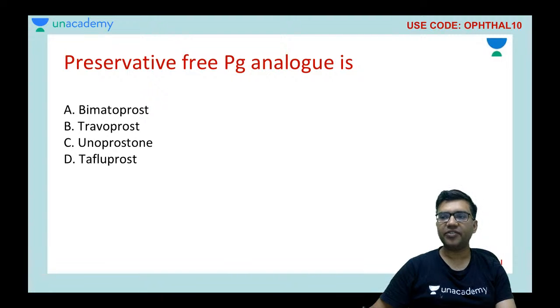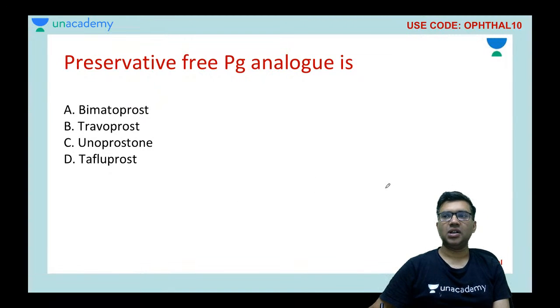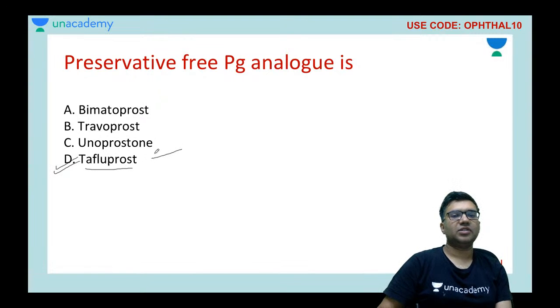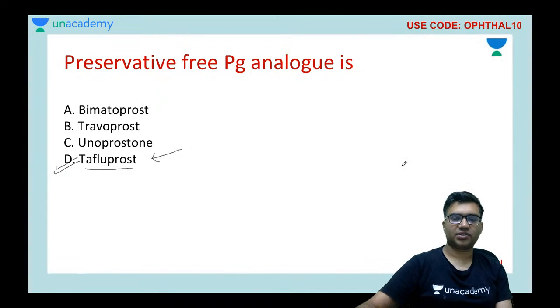So the preservative-free PG analog in this condition is bimatoprost, travoprost, unoprostone, or tafluprost. So the answer here is D, that is tafluprost. So the preservative-free PG analog which has been developed is tafluprost.